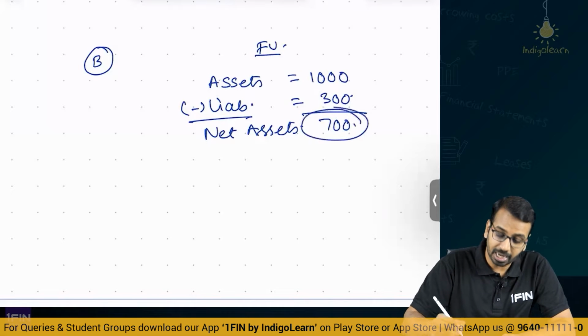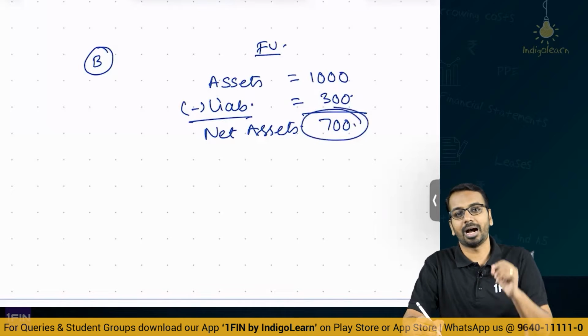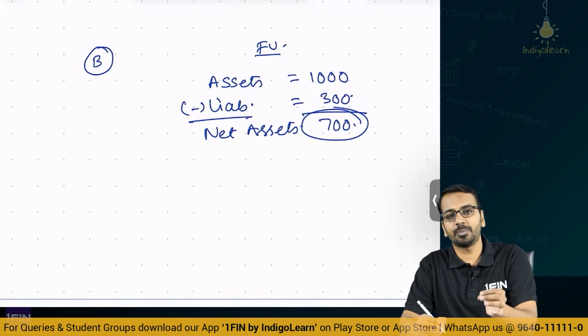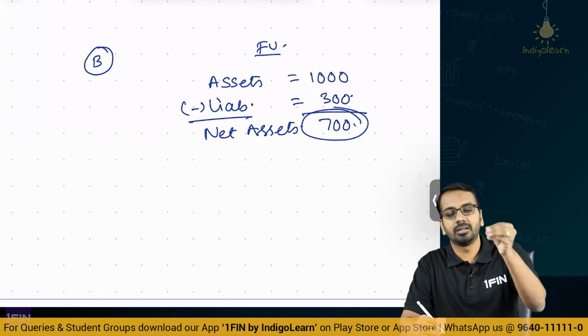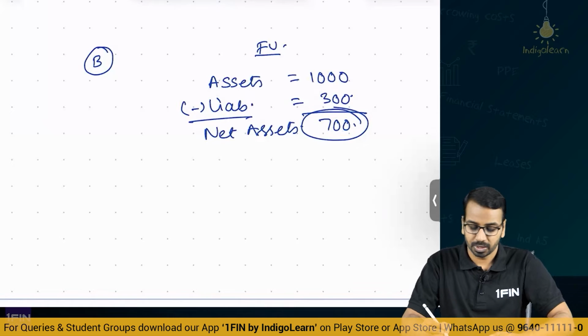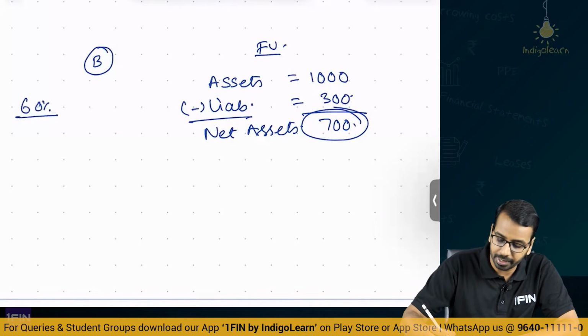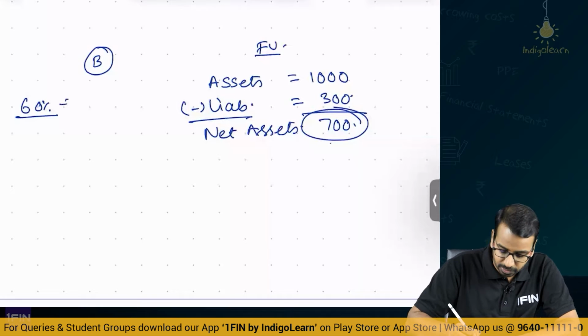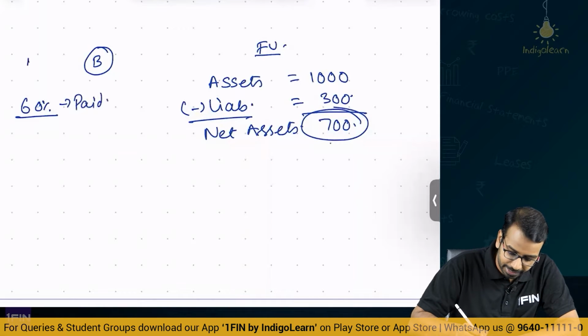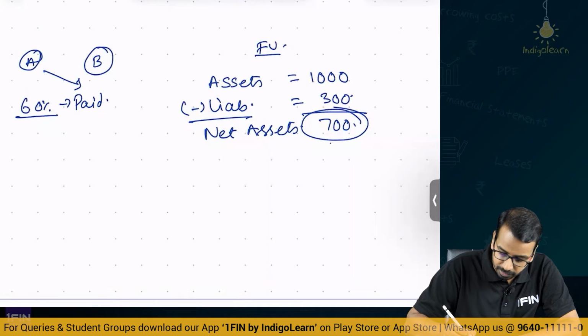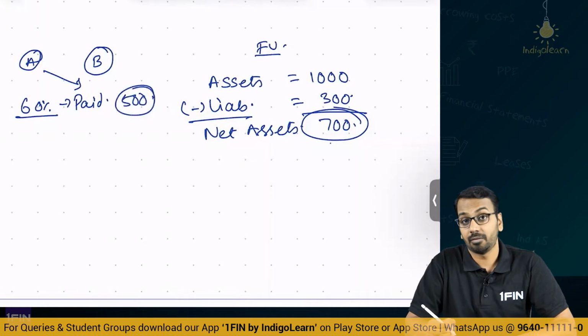Now, this 700 is not 100% owned by us. Out of this 700, 40% is owned by outsiders and 60% is controlled by us. So, let us say to acquire 60% of this net asset, we paid, who paid? A Limited. A Limited paid 500.